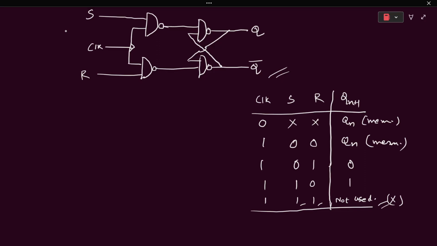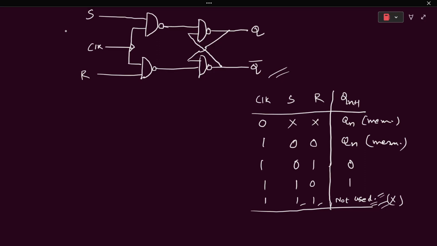This is quite a contradictory condition that we did not overcome with the SR flip-flop. The T flip-flop is to overcome the condition with a single input. That stuff I already discussed in the previous session, so I'm not going to share it now. So this is simply a not used condition. So why do we bring the JK flip-flop into the flip-flop family? The main reason is to overcome this not used condition.